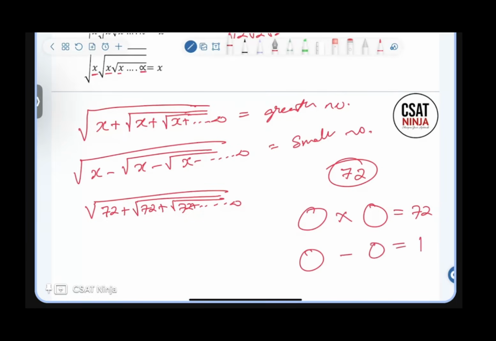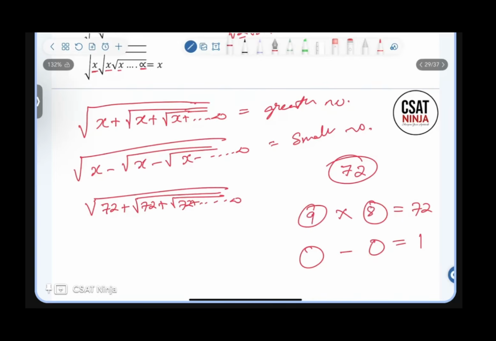So you need to find the numbers. In this case, I can say it is 9 and 8. 9 8s are 72, and 9 minus 8 gives me 1 there.